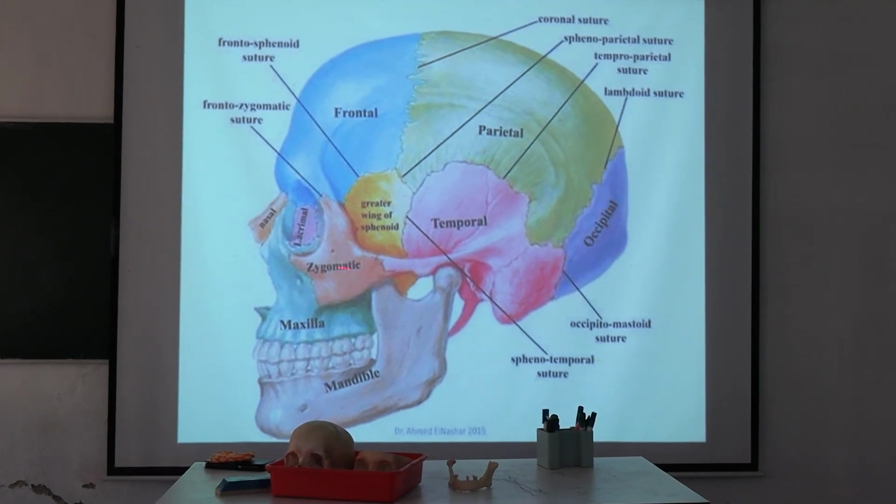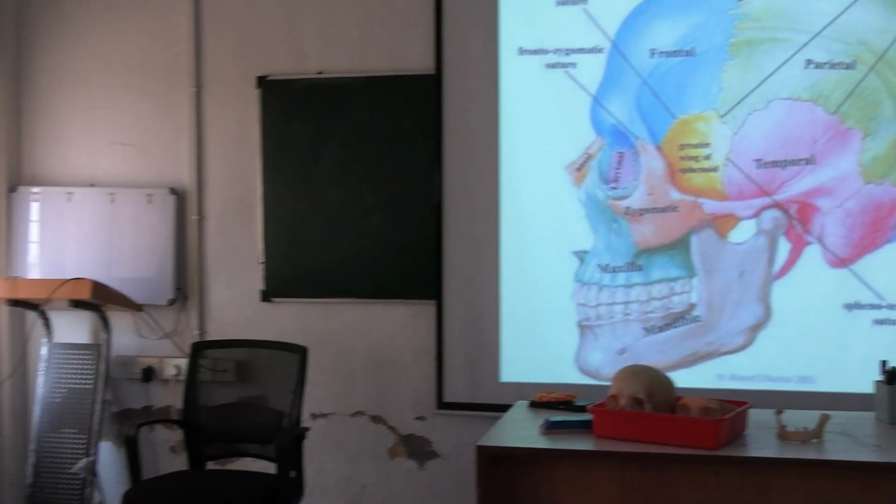And this arch is known as zygomatic arch, which is formed by joining of two structures. One is the temporal process of the zygomatic bone. This is zygomatic bone, and coming from backward is the zygomatic process of the temporal bone. These two are joining to form this arch. And here you can see this opening.